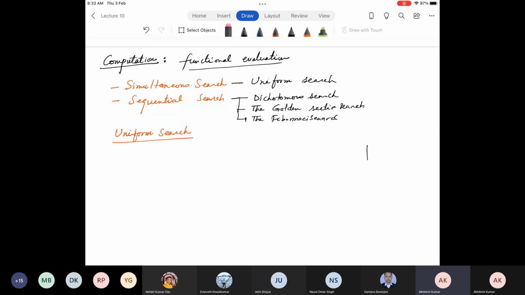Whenever going forward, every time I draw a line, there is a function above it, and on this line we are trying to find a suitable x interval that will contain the minimum. So this will be my xs and xf. Now tell me, if a function is given to you and you do not know how it looks, what is the most naive thing you will do to find the minimum value?